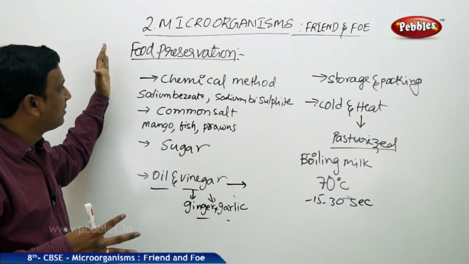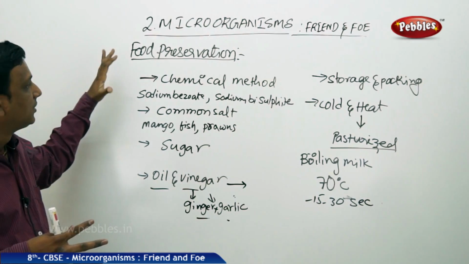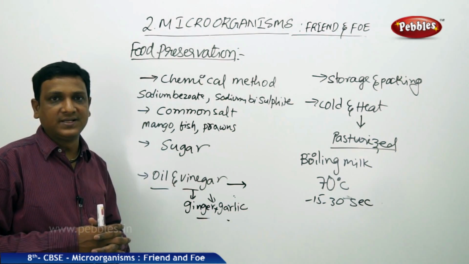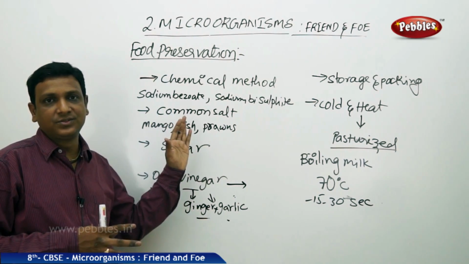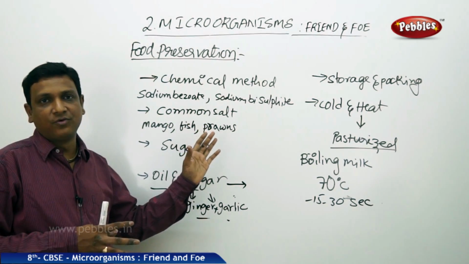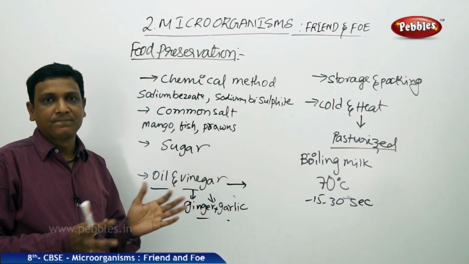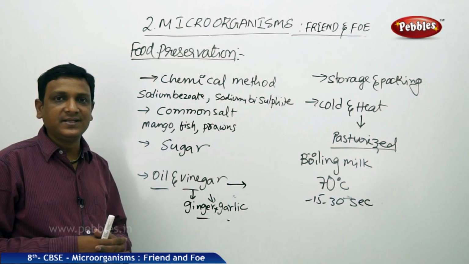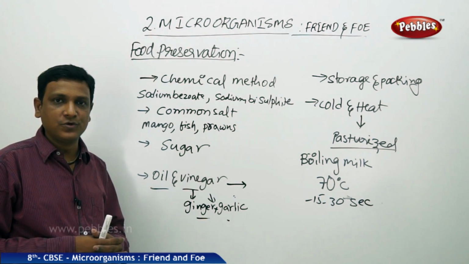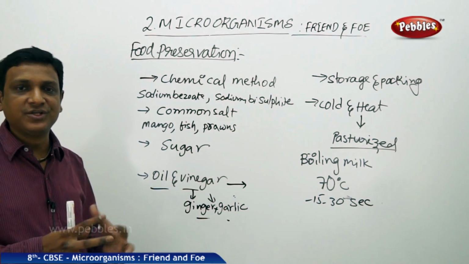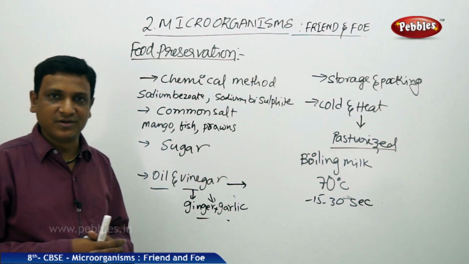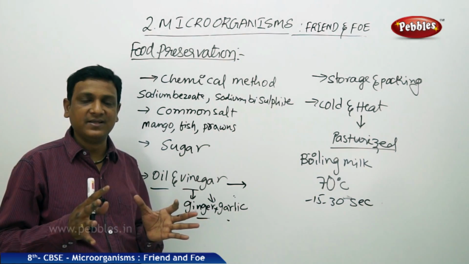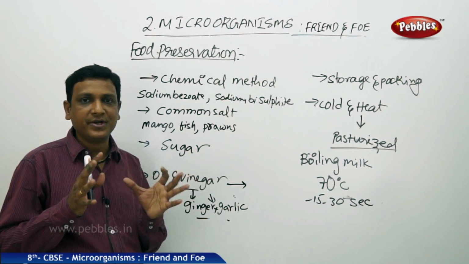So the food preservation methods are to prevent food from getting spoiled by microorganisms. These methods help us avoid wastage of food and preserve food for further use. But the best choice is eating fresh food: fresh fruits, fresh vegetables, fresh green leafy vegetables, fresh nuts, fresh milk, everything fresh, with 100% nutritive value.